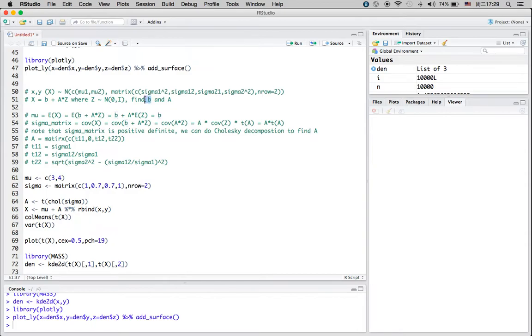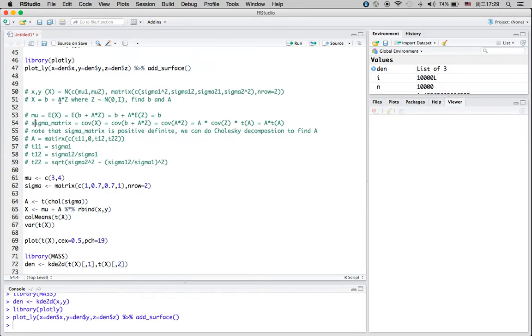If we want to sample from a normal distribution with this mu, we construct these variables with b as this vector. So b is just the mean vector here.